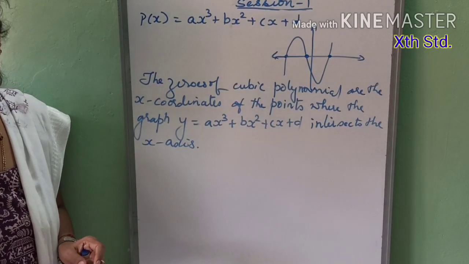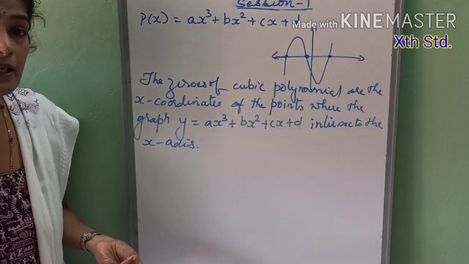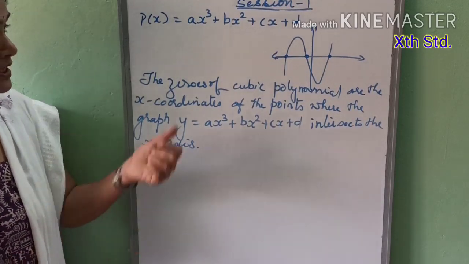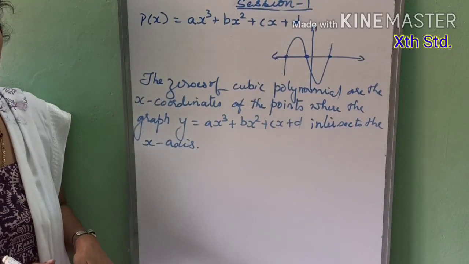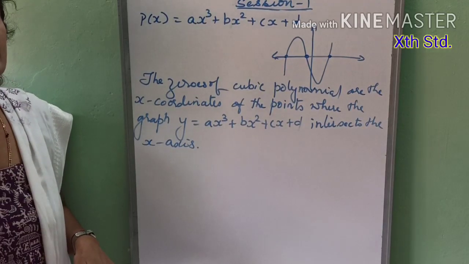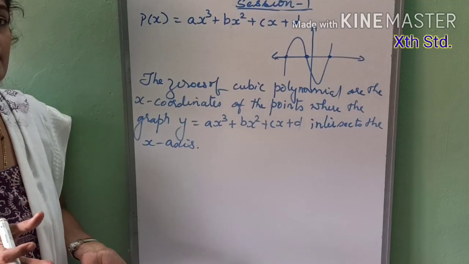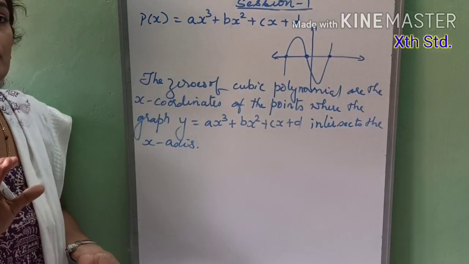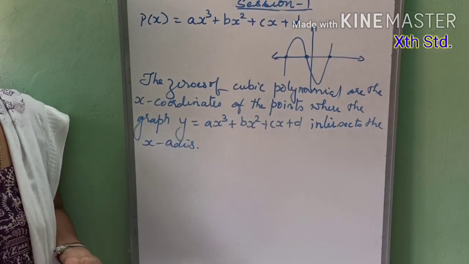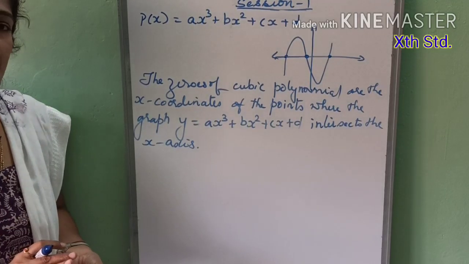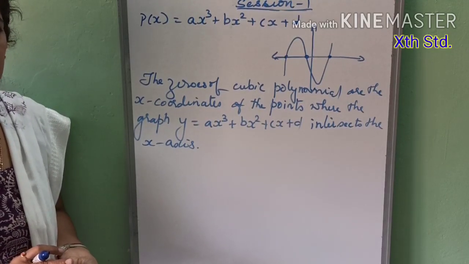Minimum, sometimes it may not have zeros at all. Similarly, for the cubic polynomial, since the degree is 3, at the most it can have 3 zeros. So we can generalize that if we have a polynomial of degree n, then we can have at most n zeros. Clear? Okay.